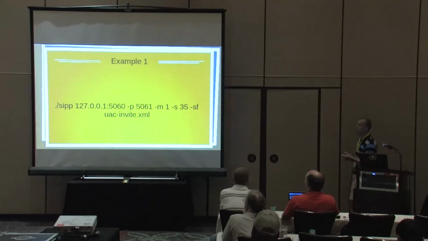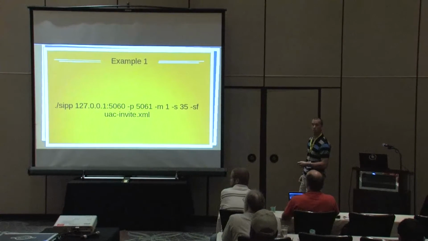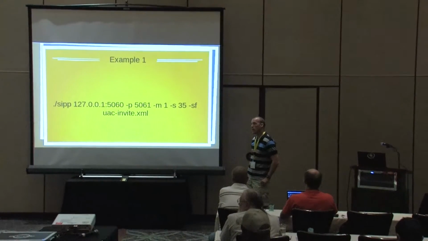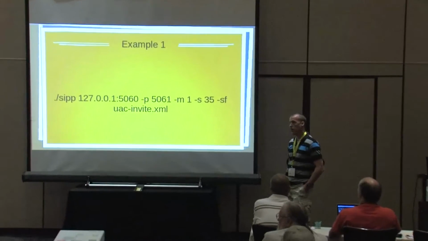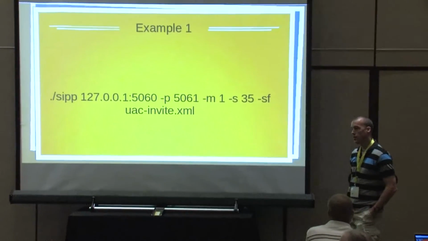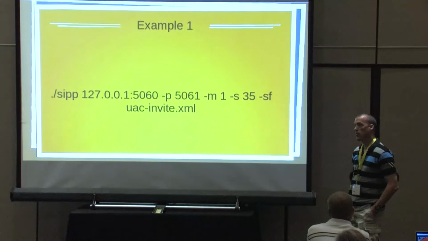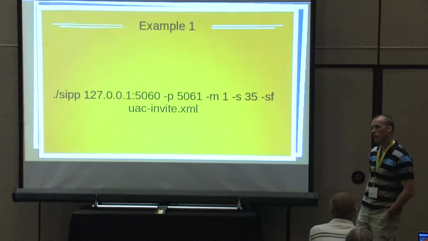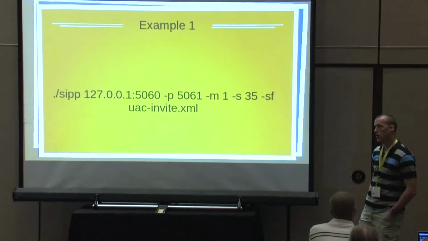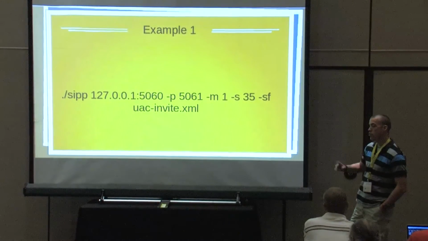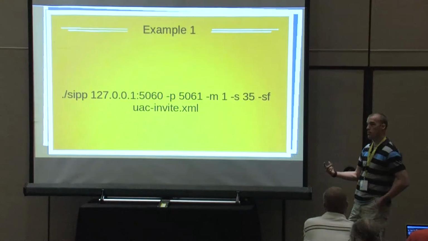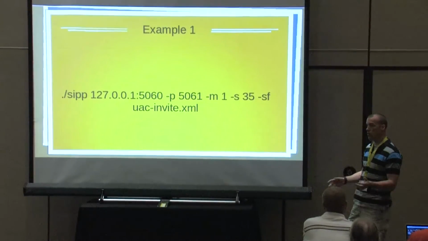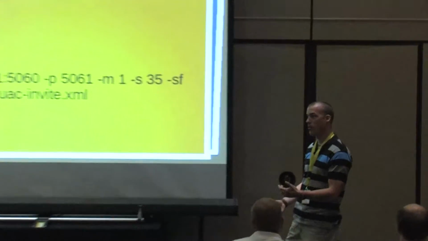So the syntax, yes? You know how you put a pause and then you send a BYE? Sometimes you get a BYE from the other side before your timeout. Is there a way to say, if you get a BYE earlier, just end the call? You can define a recv with the method BYE, because right now the BYE was from the other side. But when you're doing a pause, there's no way that you pause and wait for something.